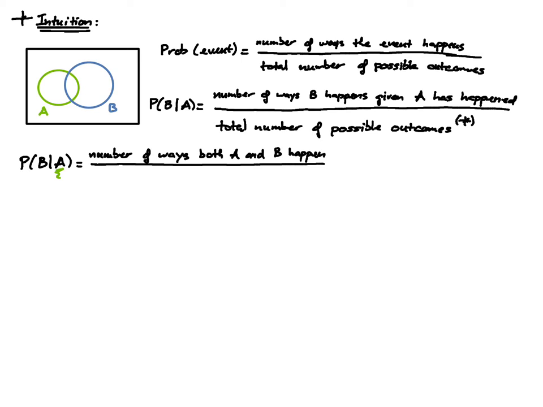We only care about the part of the sample space where A happens. So we're going to ignore the shaded area. We ignore the whole shaded area and we only care about whatever happens inside the orange circle.